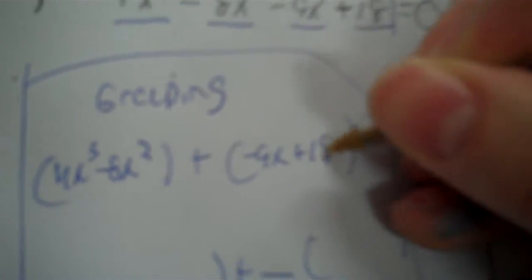Okay. And then this big parentheses could quite possibly be a difference of perfect squares. Okay. So grouping, you put the 4x to the third minus your 8x to the second, then your negative 9x with your plus 18.